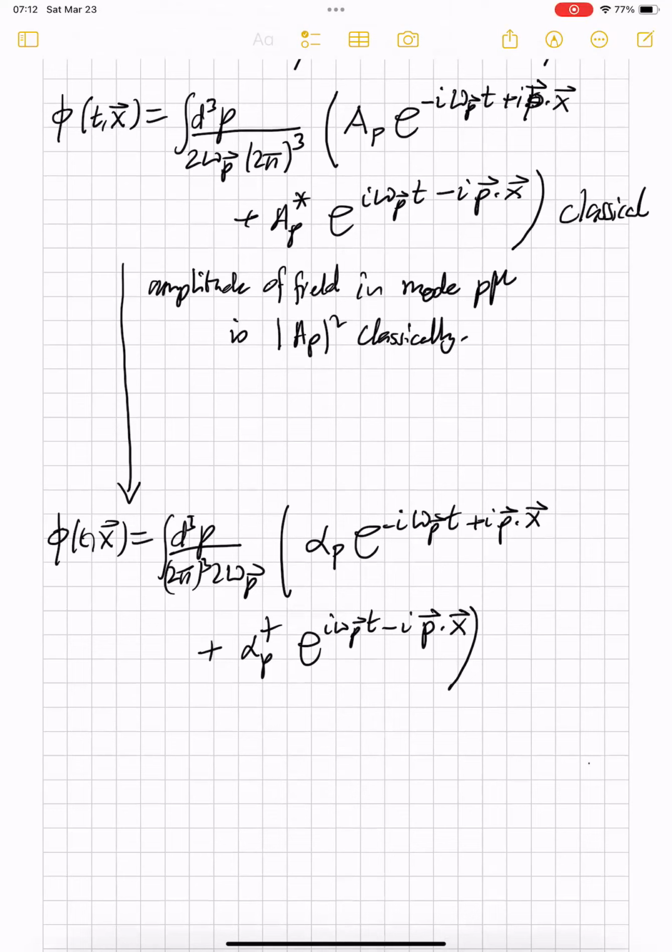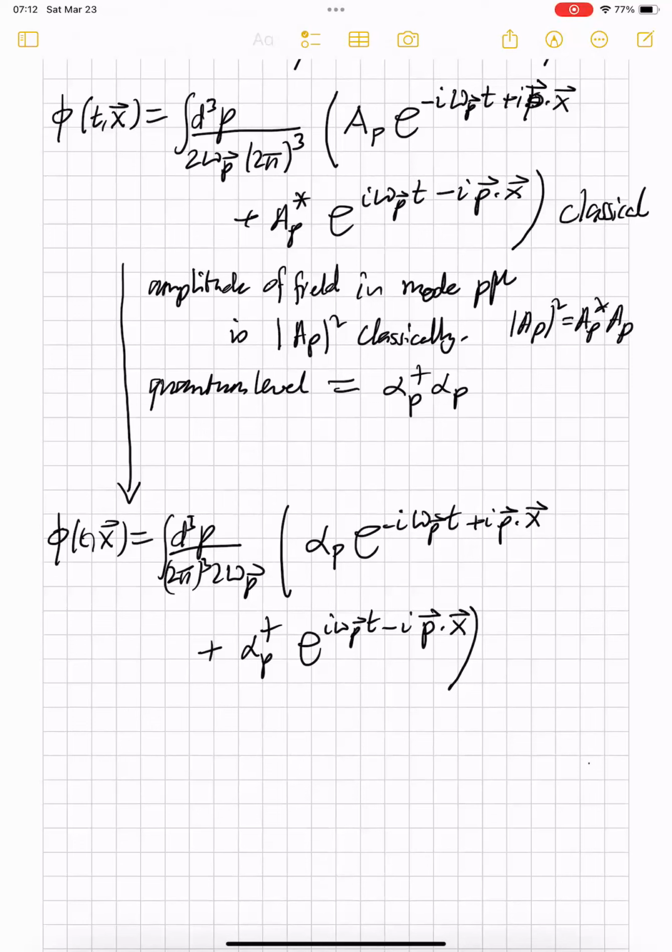At the quantum level, it's given by not a p star, but you could think about mod of a p squared as a p star a p. At quantum level, this is a p dagger a p, and that is the number operator.